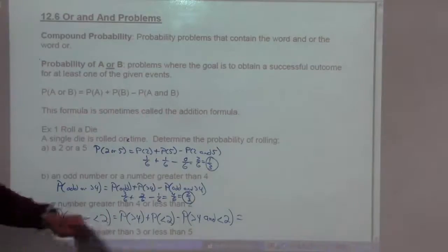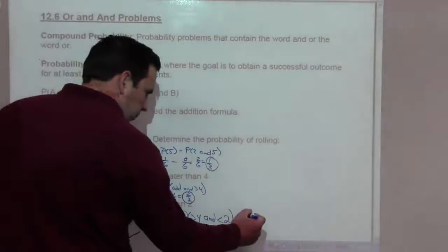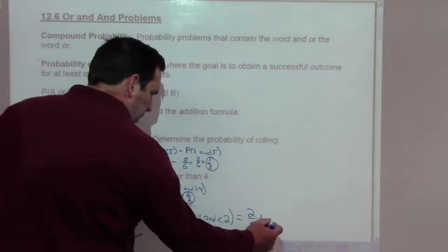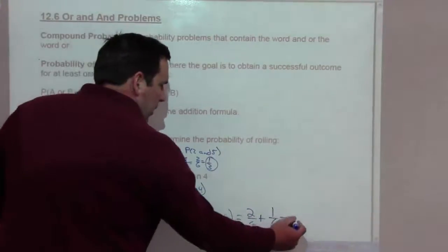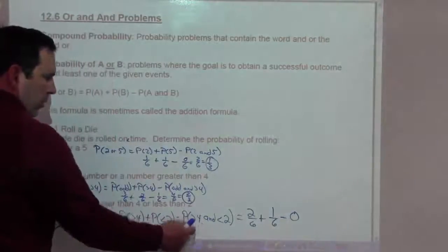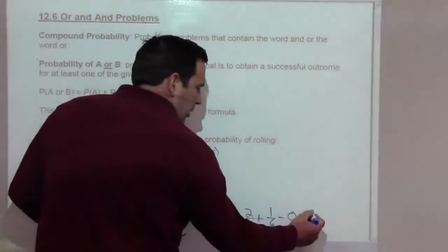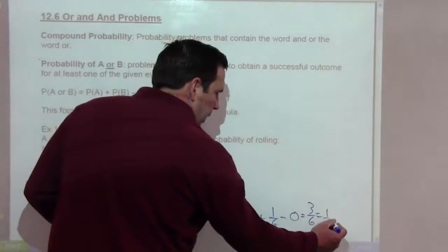Now the probability of a number greater than 4, there are 2 out of 6 numbers like that. Less than 2, there's just one thing, that's number 1. And there's no number that's going to be both bigger than 4 and less than 2. This is 3/6, which is 1/2.